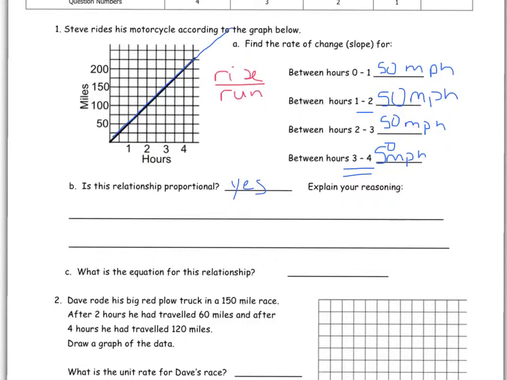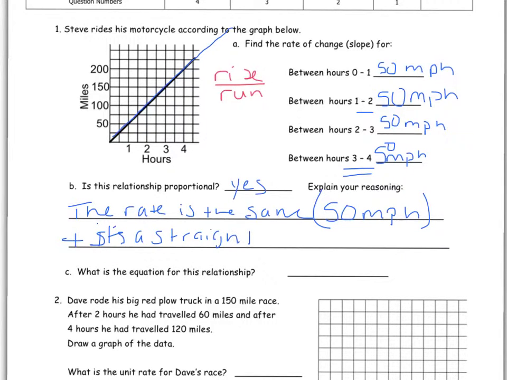Yes. And we could have explained it in a couple different ways. The rate is the same. Add to your formative, if you don't have this, 50 miles per hour. And we also know it is proportional because it is a straight line going through 0, 0.